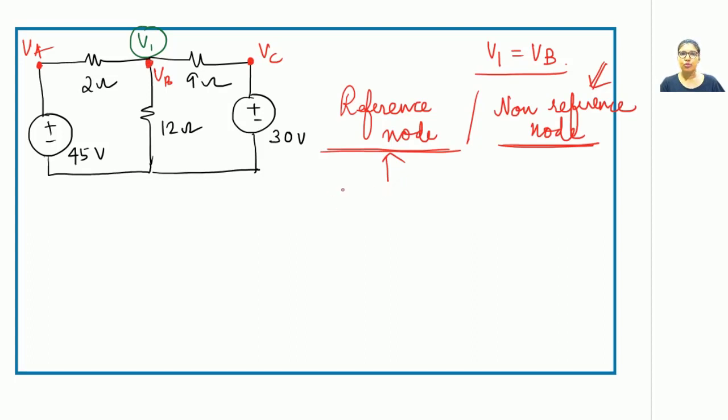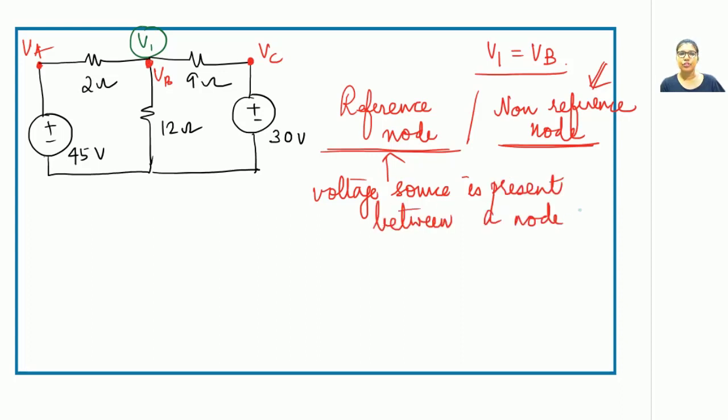If a voltage source is present between a particular node and the ground potential, then the value of that particular node is the same as that of the voltage source. I'm writing it over here. That is, if a voltage source is present between a node and a ground potential.